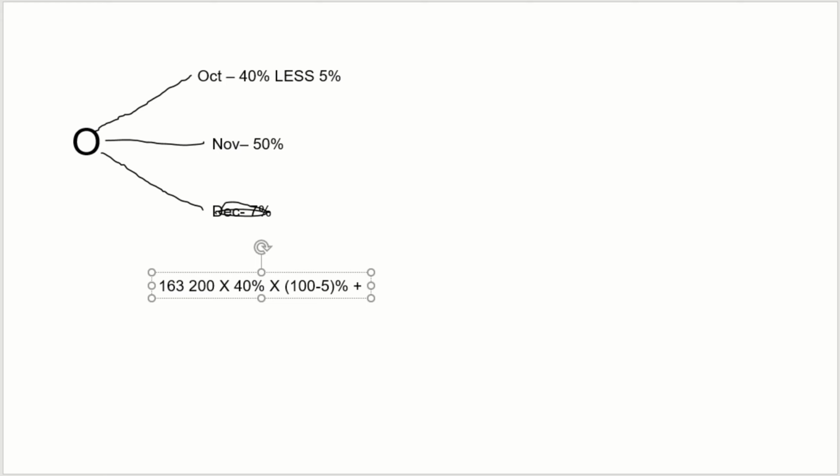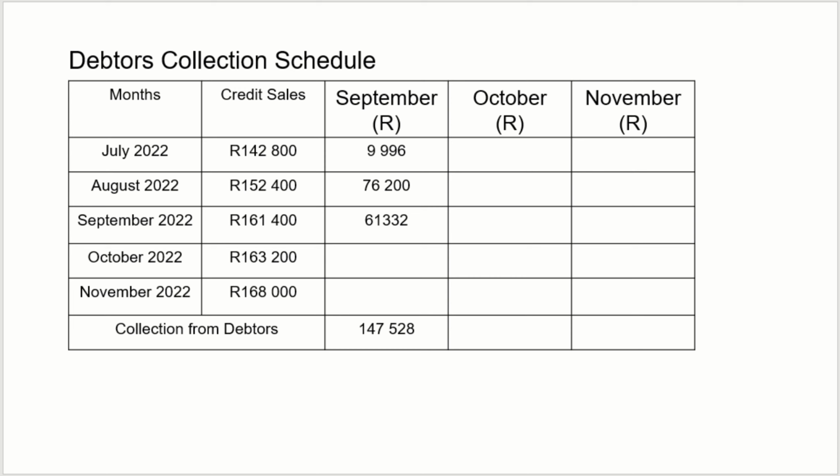Now this will amount to 62,016 rands. Okay, so this will be the collection for the month of October. This is the first collection we're going to make in the month of October.